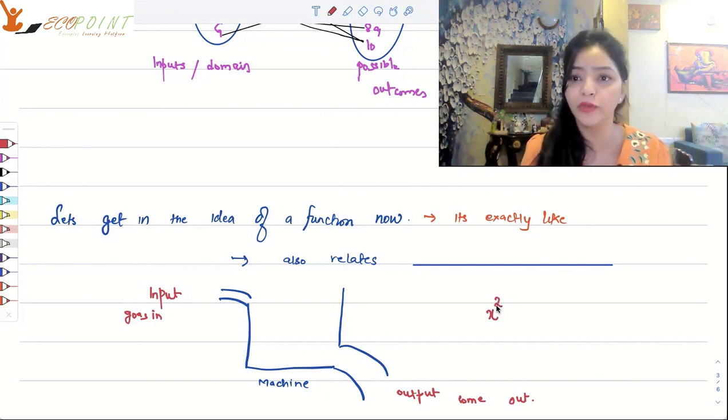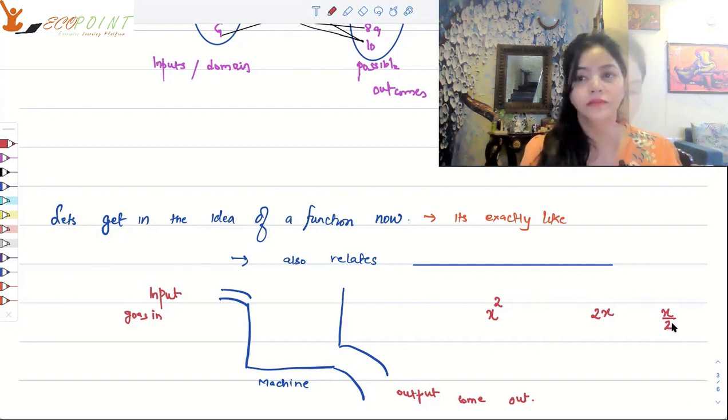So if you put 2, you get 4. You put 3, you get 9. Or maybe it is just merely doubling it. You put 2, you get 4. You put 3, you get 6. Or maybe it is making half of it. So if you put in 4, you get half of it, and so on and so forth.